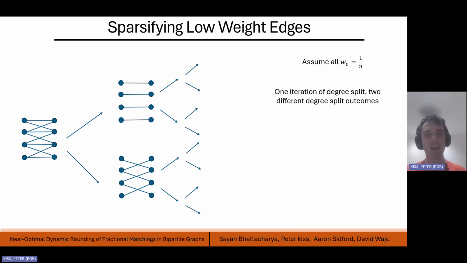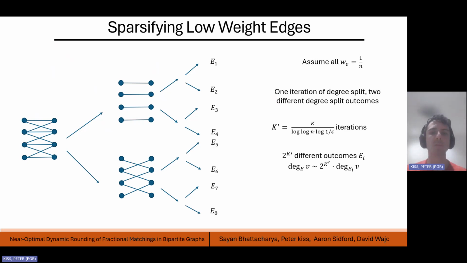But we could run it again and again for some k' iterations, and it will give us some 2 to the k' different outcomes, which will all satisfy that from any vertex's perspective, they have the same degree. So what I mean is that every vertex will have roughly the same degree in all of these different outcomes and different edge sets E_i we generate.